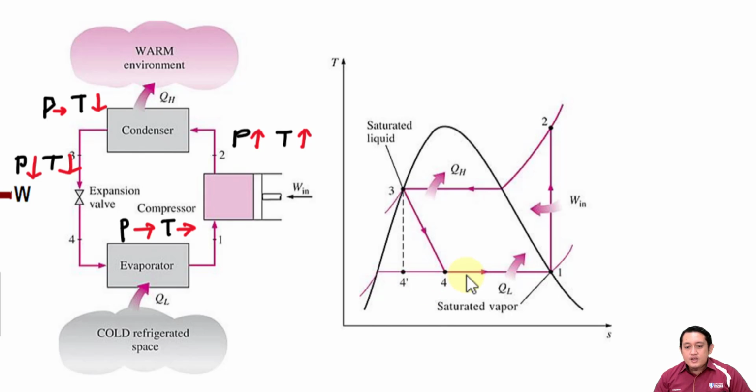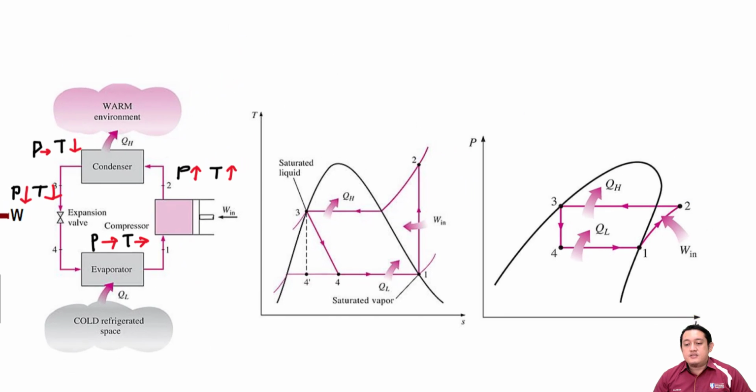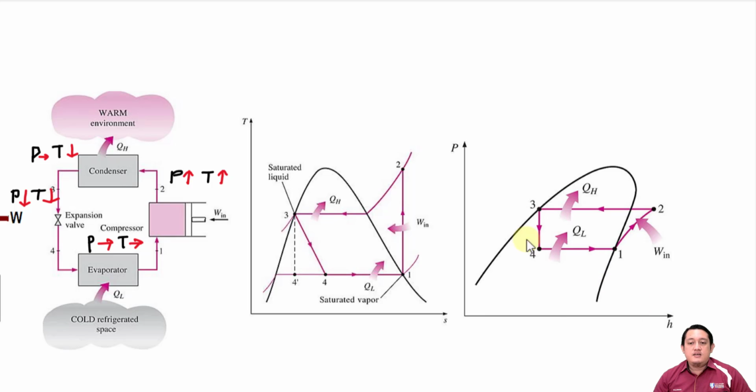Okay. So if we plot our graph here on pressure versus specific enthalpy, this one, P-h, it will look like this. So actually it's the same thing, same process here.